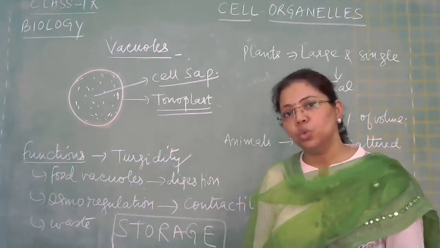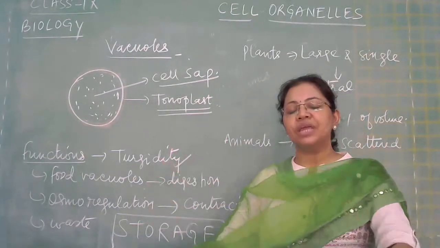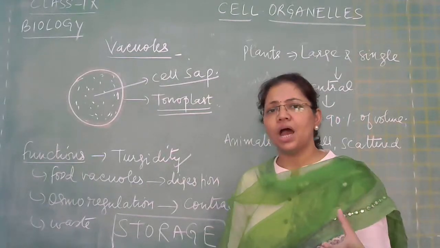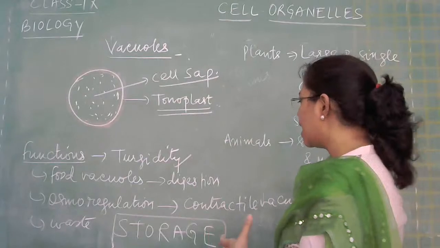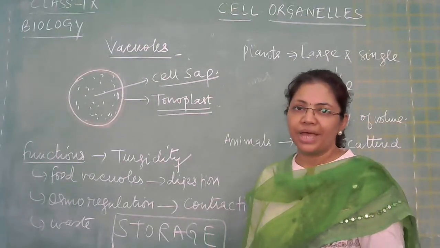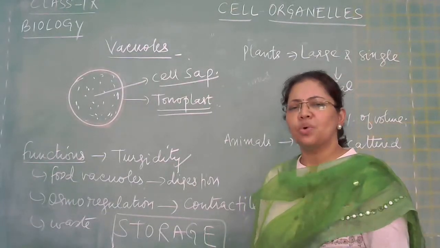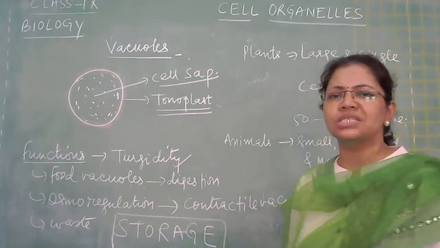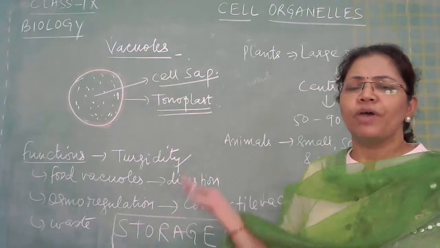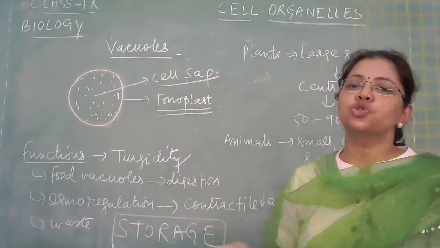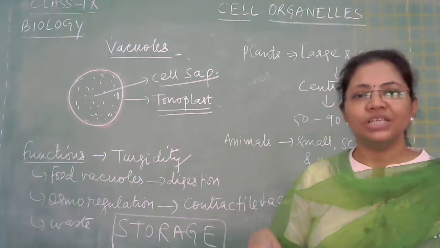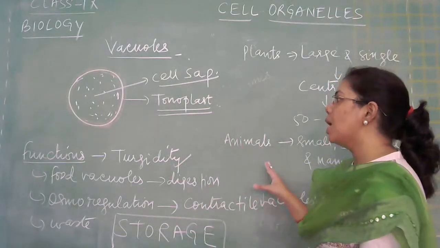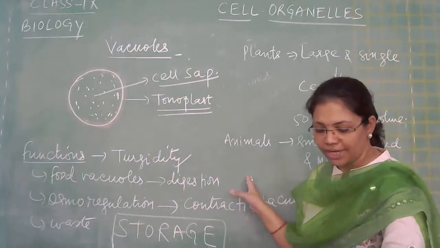They are known to store almost every kind of material, for example amino acids, proteins, sugars, glucose, water, salts, everything. So vacuoles store many things. Basically these are the storage houses of the cell. So that is about vacuoles.